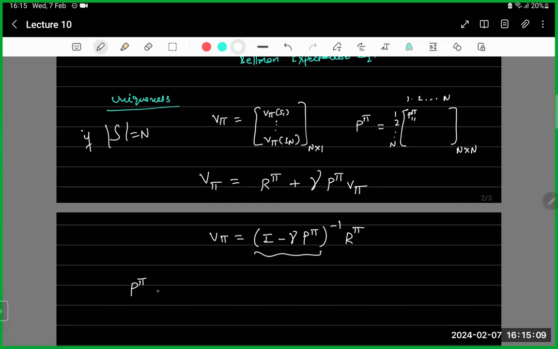P pi has this property that every row sums to 1, and all entries are positive. Any matrix which satisfies these two properties is called a stochastic matrix.